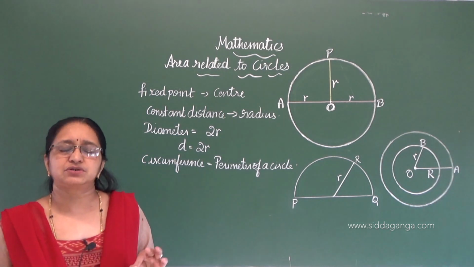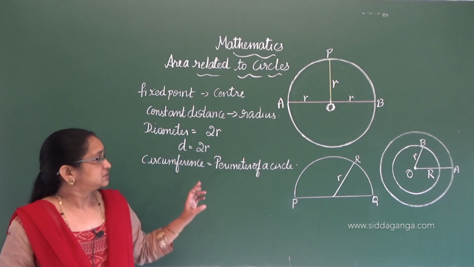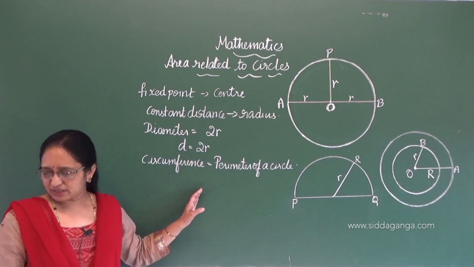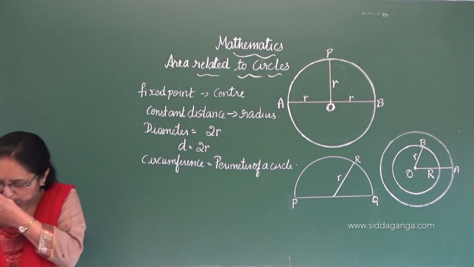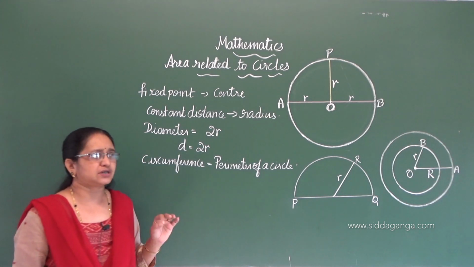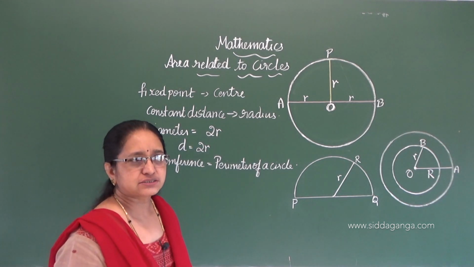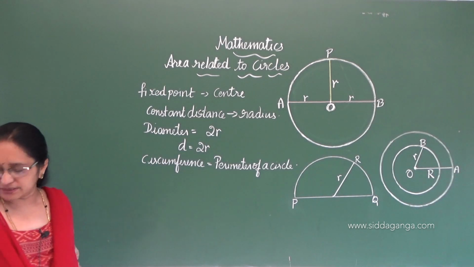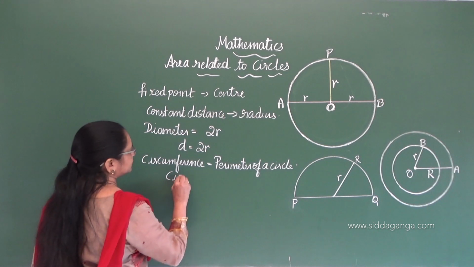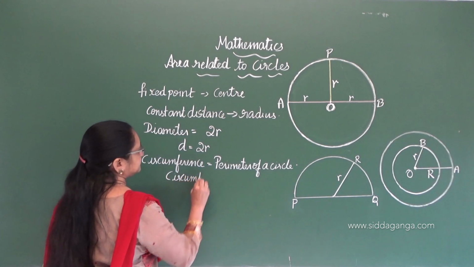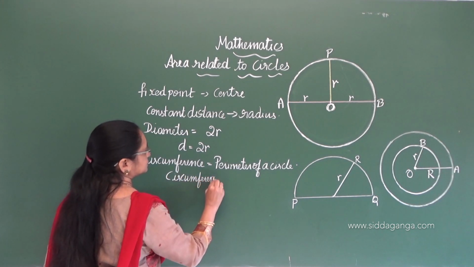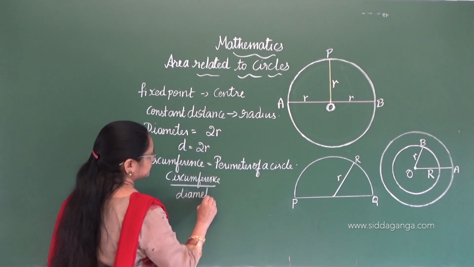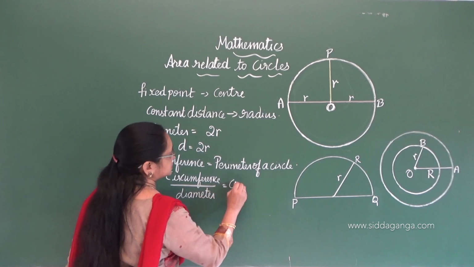And you have studied the formula to find the circumference: 2 pi r. So how is it derived? In the lower class you have studied that circumference by diameter is equal to a constant.